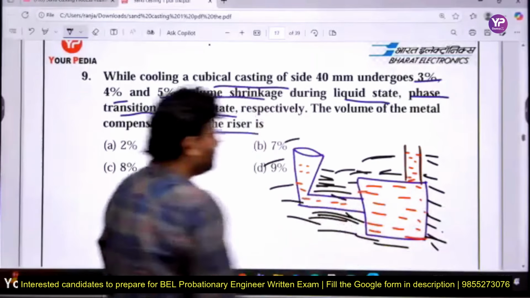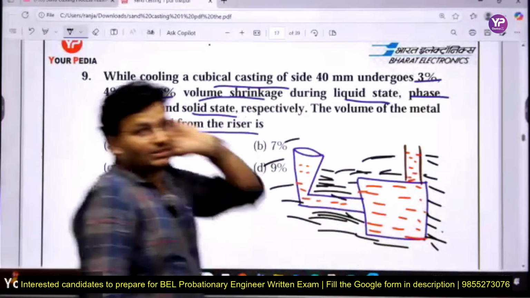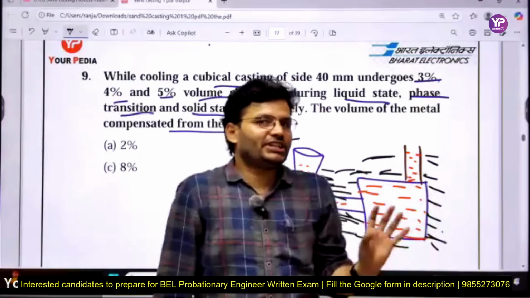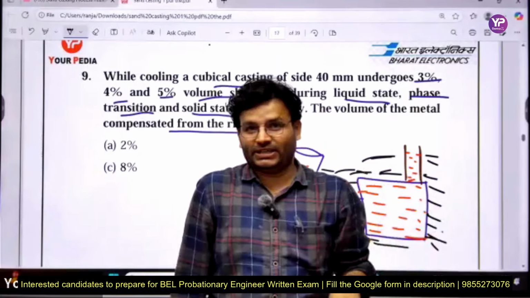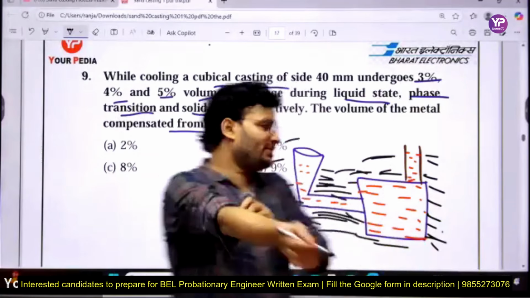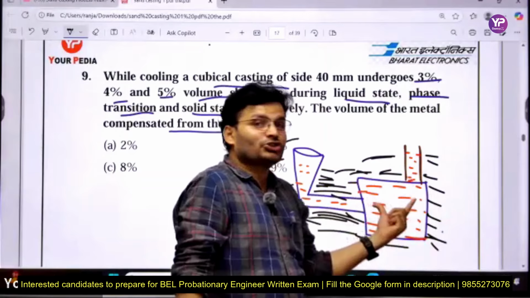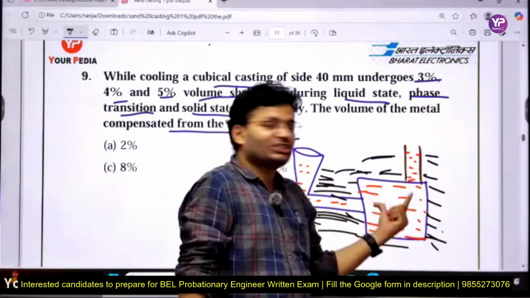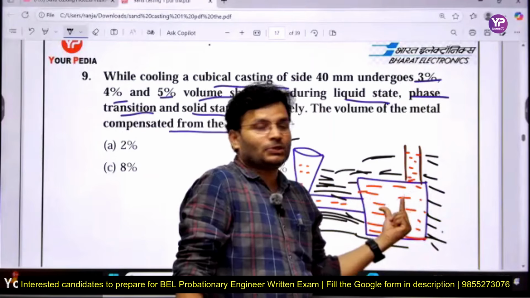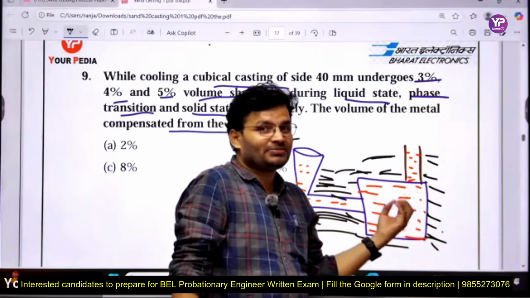Now see, my dear friends, you have to design a riser in such a way that once the metal starts to solidify, its volume starts decreasing, right?